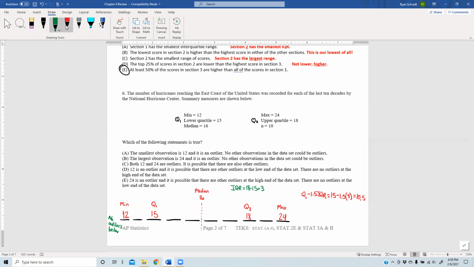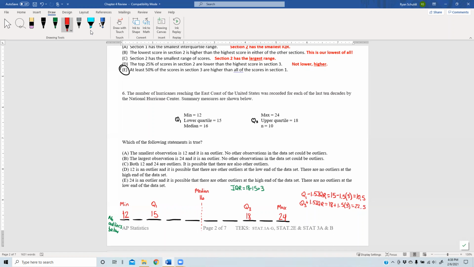Okay, now let's do the upper side to see if I'm going to have an outlier here. So Q3 plus 1.5 IQR. It's going to be 18 plus 1.5 times 3, which is 22.5.